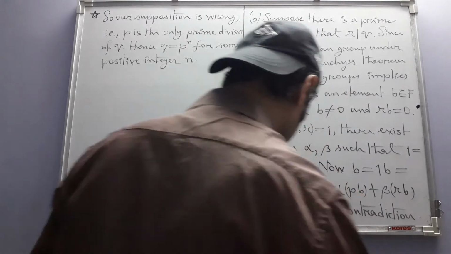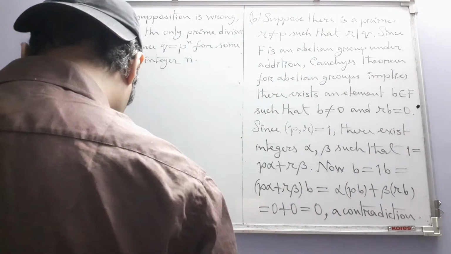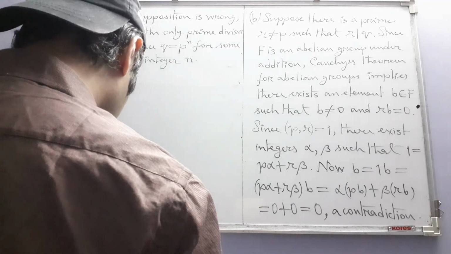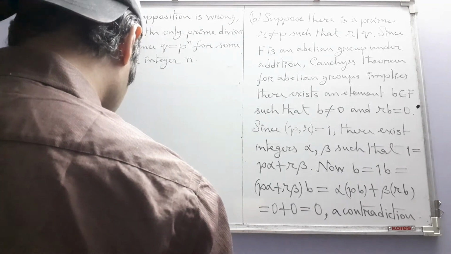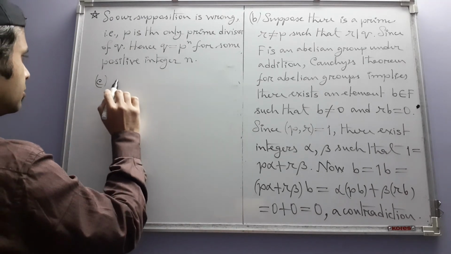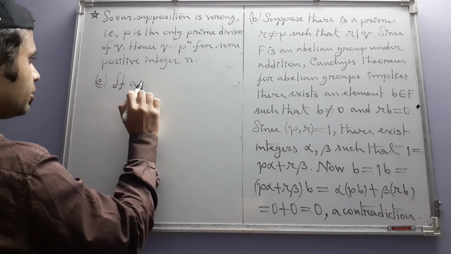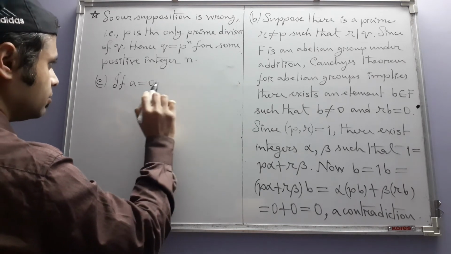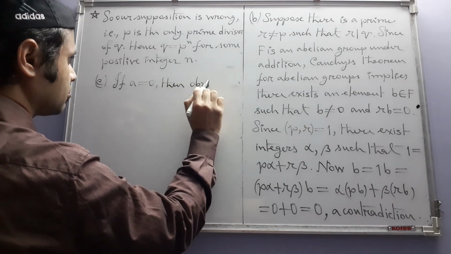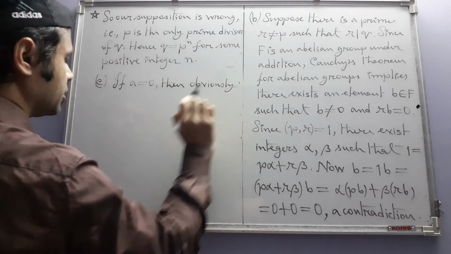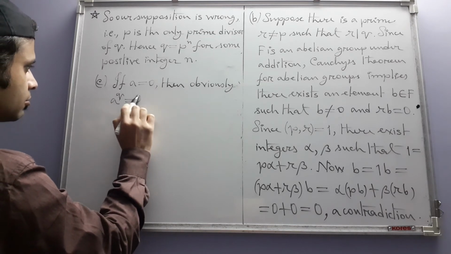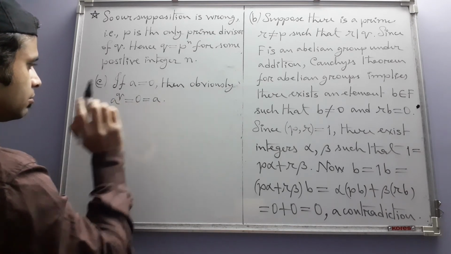Then in part C, if A belongs to F, then A to the power Q is equal to A. If A is equal to 0, then obviously this holds.